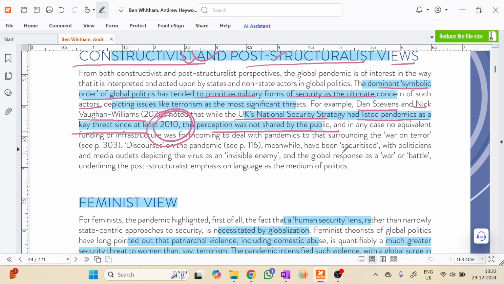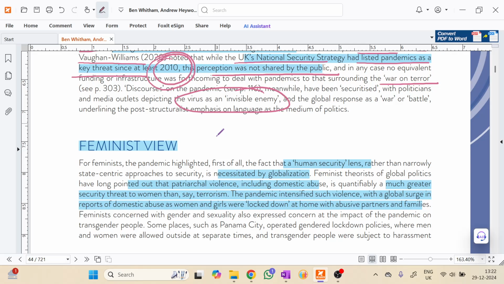According to them, states may be ready to deal with the war on terror, or their securitization may deal with war, the external threat, but they are not ready to deal with such an invisible enemy, and they are not giving it proper thought.